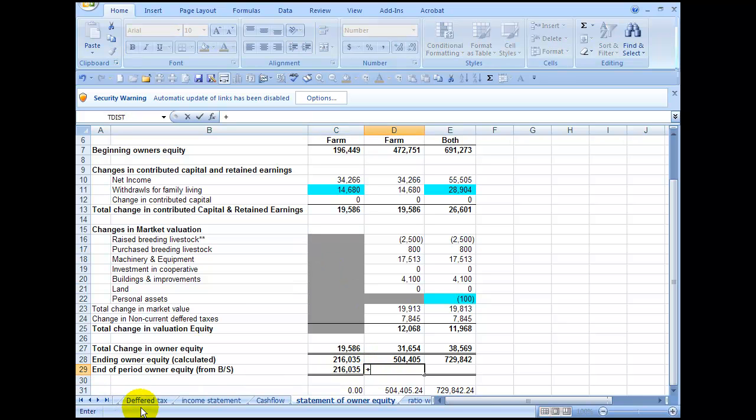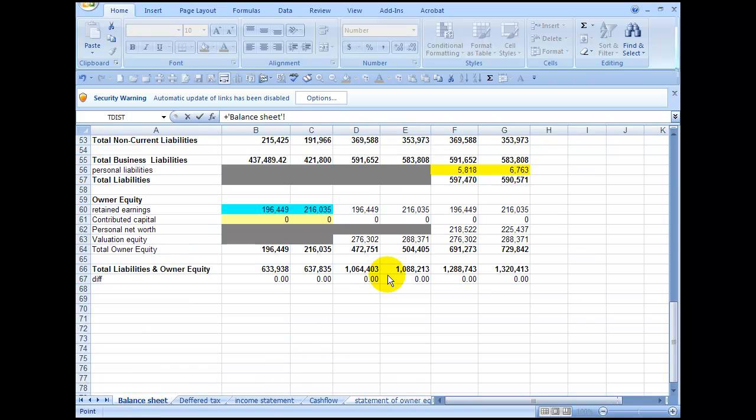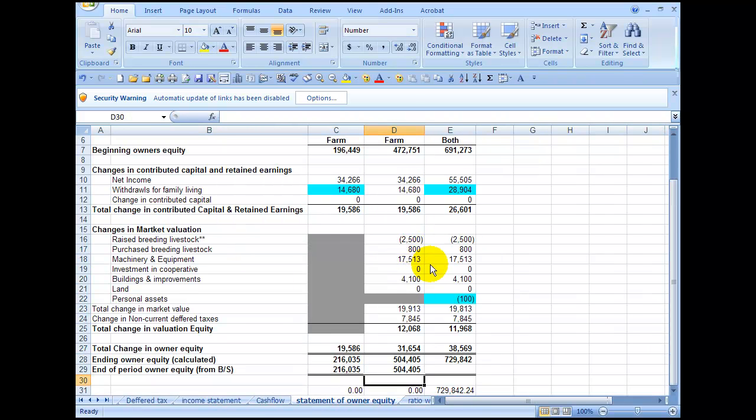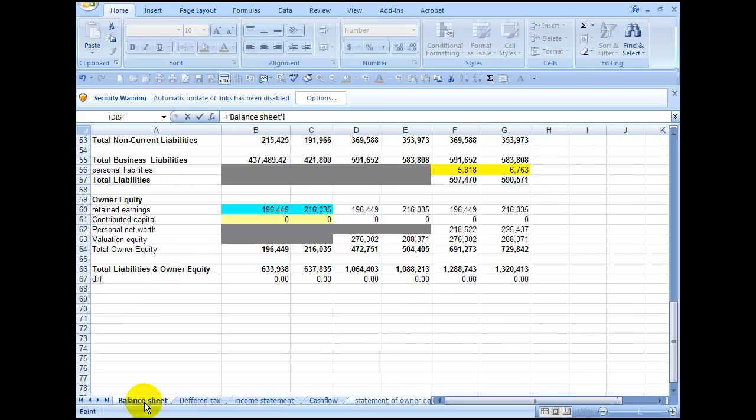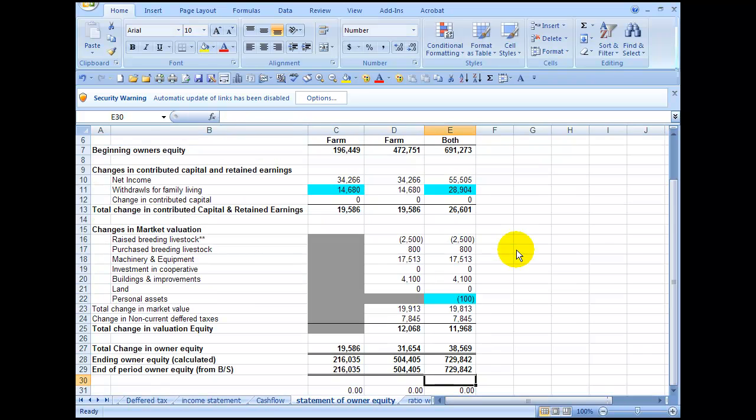So far, so good. The balance sheet, market value, the ending, and we're right on. And the farm and family combined ending, right over here, 729, and we are right on. So down here we get all those zeros saying that we are exactly the same. That's what we want to do.